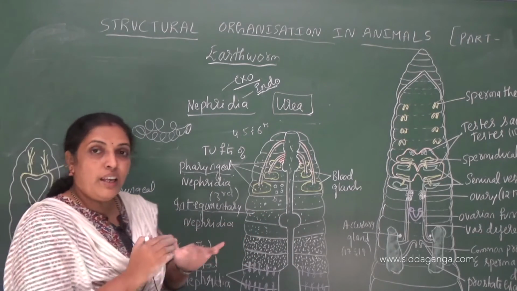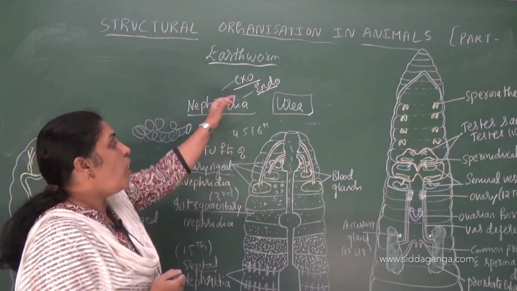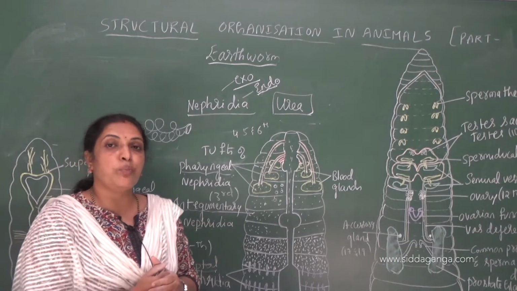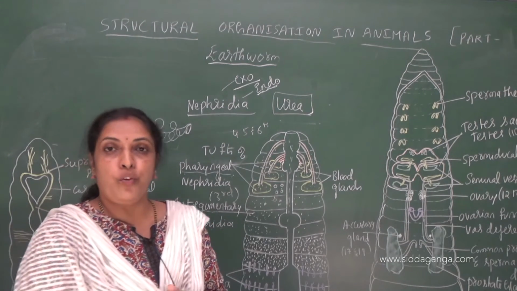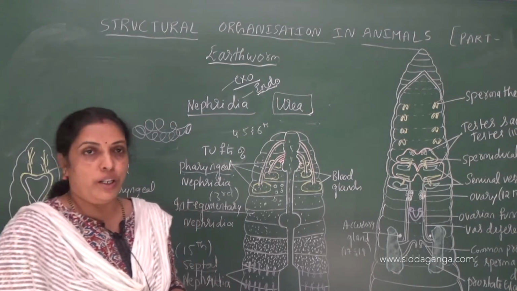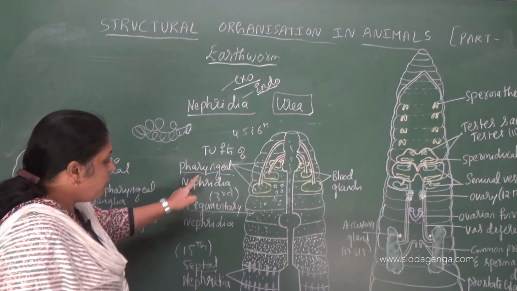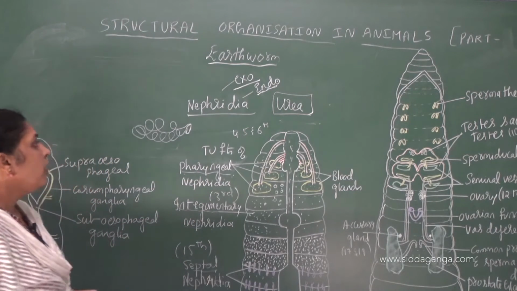If the nephridia release waste to the outer surface of the body, they are called exonephric. Understood? So this excretory system mainly helps to maintain the volume of body fluid and the osmotic concentration of body fluid. Those are the pharyngeal nephridia, integumentary and septal nephridia.